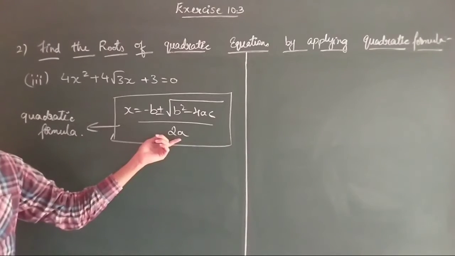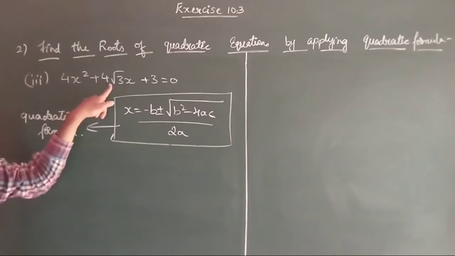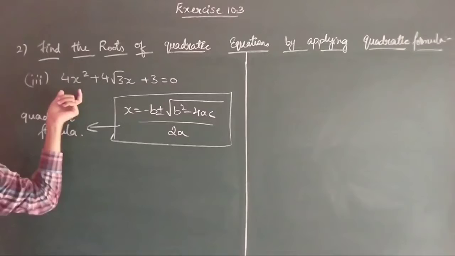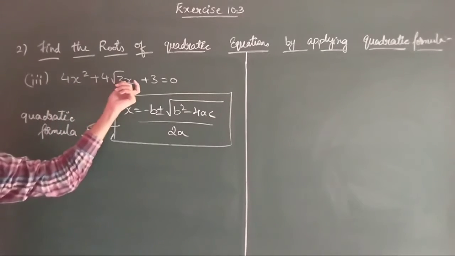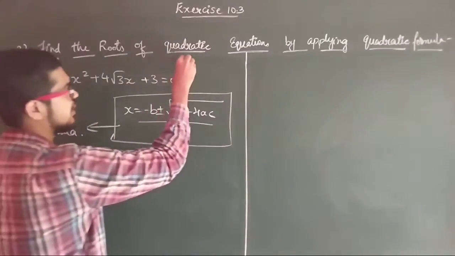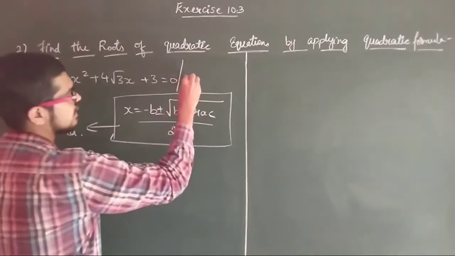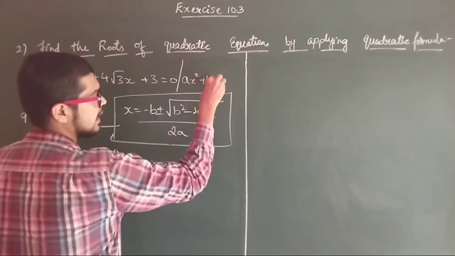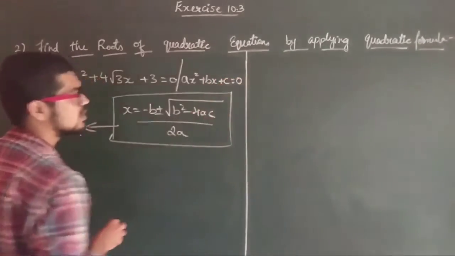Now what are a, b and c? a, b and c are nothing but the constants here. The coefficient of x square is a, the coefficient of x is b, and the constant term is c. I'll write it over here: ax square plus bx plus c is equal to 0.